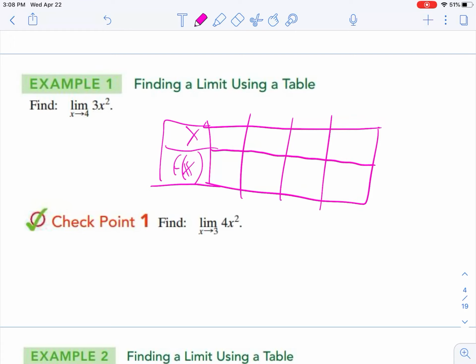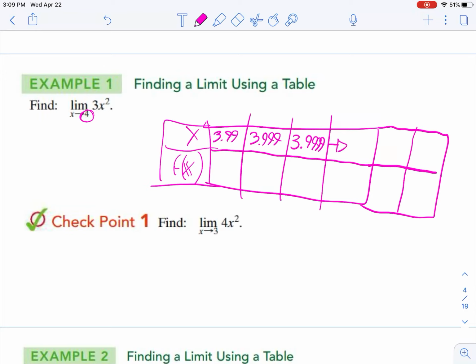Okay, there we go. So with this, we're going to plug in some number that's very, very close to 4. So just like in the last case, we're going to plug in 3.99, 3.999, and then we're going to get really, really close to 4.